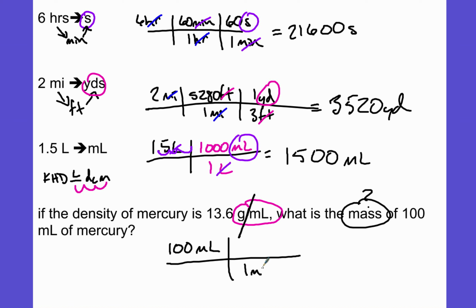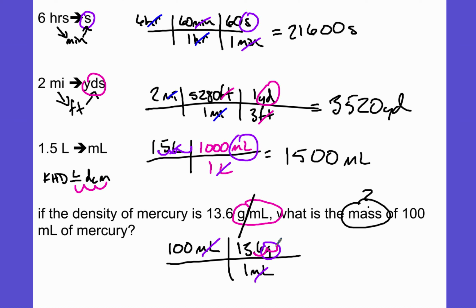So I can use it, put the milliliter where I'm supposed to. That's obviously 1 milliliter right now, right? Because it doesn't have a number to go with it. The 13.6 goes with the grams. And in order to get an answer here, I would just multiply, because the milliliters will go away. Mass is what I wanted. Gram is a mass. So if I multiply now, I should be able to get my answer. And since I'm multiplying by 100, I can just move the decimal twice.